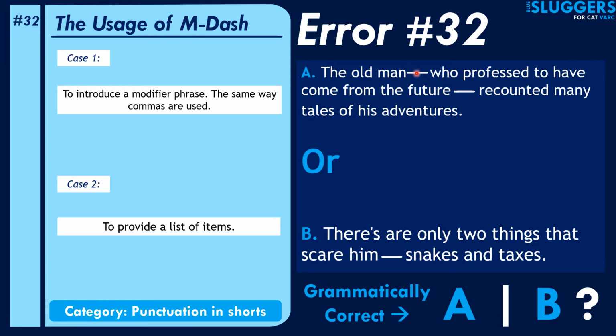In those cases, we used commas. But in this case, it's not the comma, it's the M dash. So let's read the first sentence. The old man, who professed to have come from the future, recounted many tales of his adventures. The part about professing to have come from the future provides just some extra information, and then the sentence follows the way it was going.